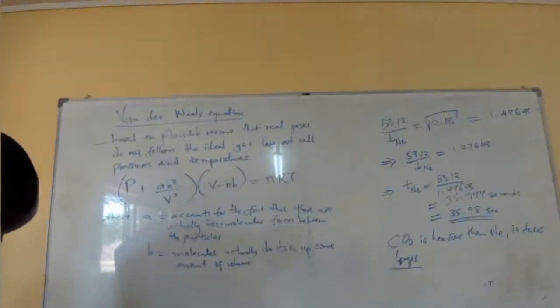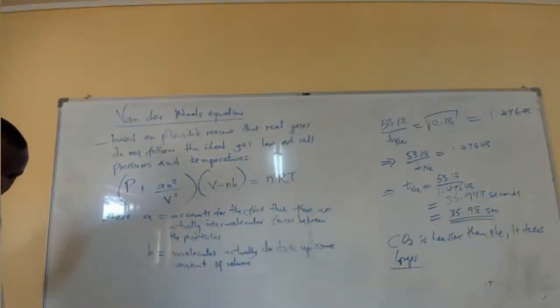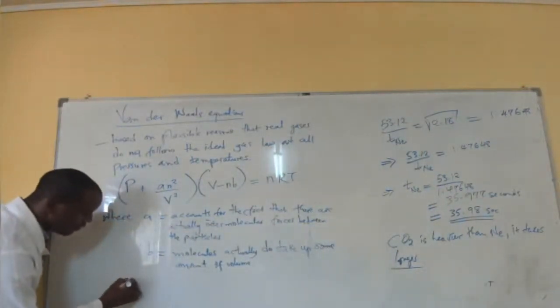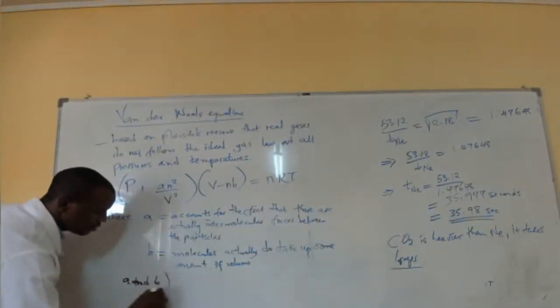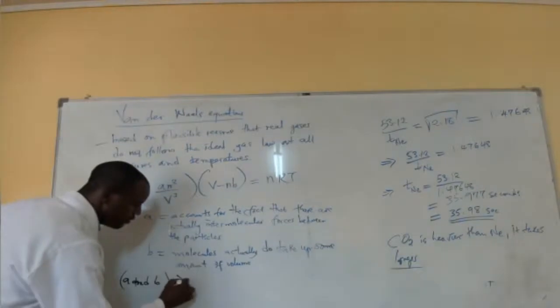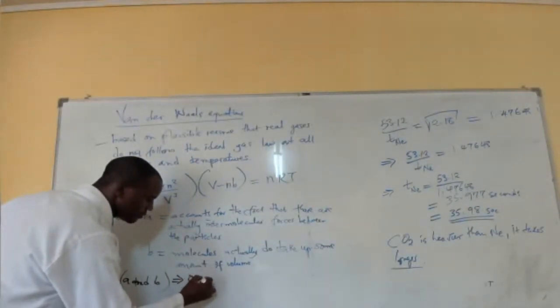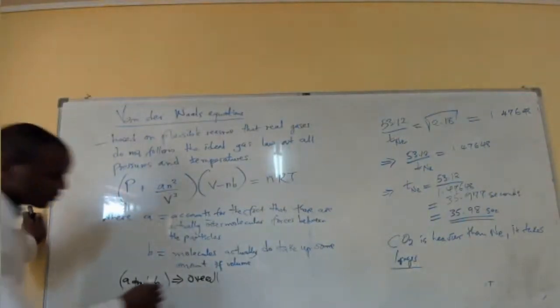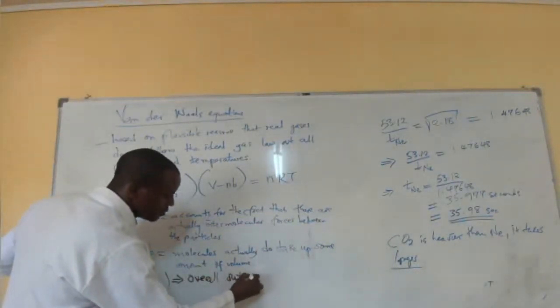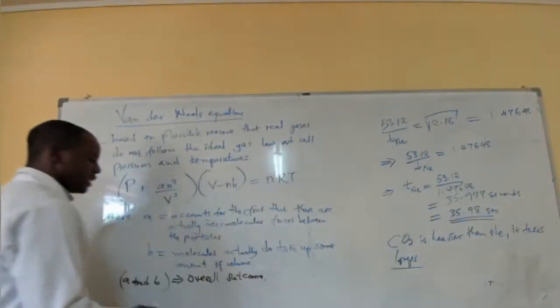Therefore, a and b, in this case, account for the overall change that we are seeing, which is the overall outcome.